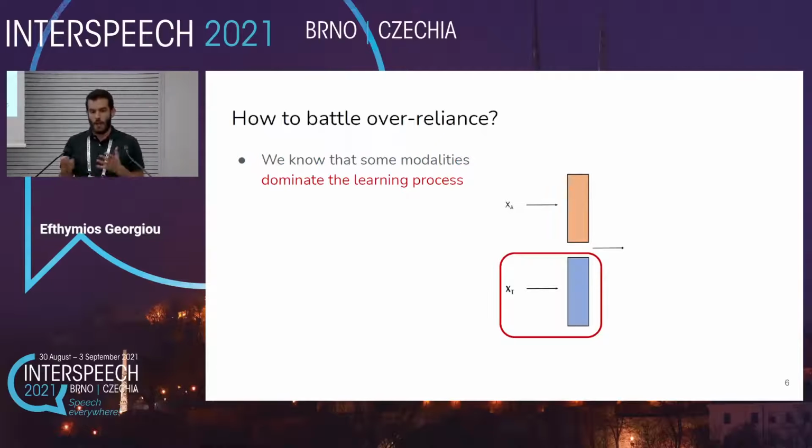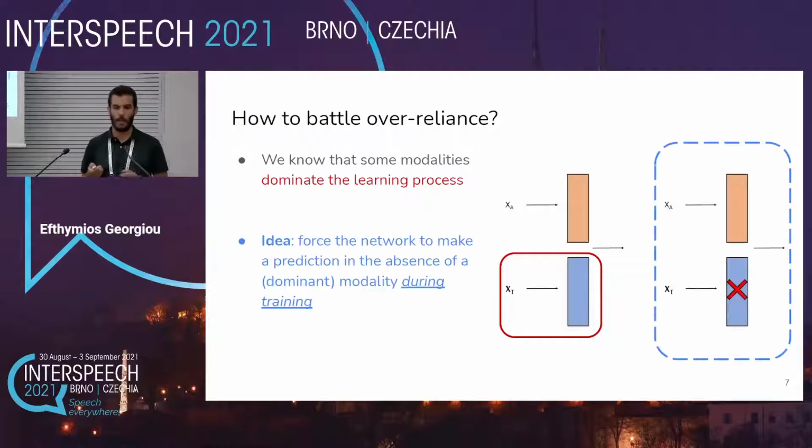Let us describe the rough idea. Consider this simple example in which we assume that the text modality in the red box is the dominant one. When we say dominant, we mean that models tend to over-rely on that particular modality in order to make a correct prediction.